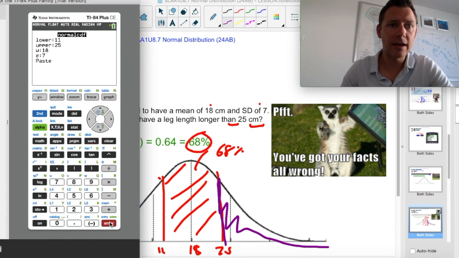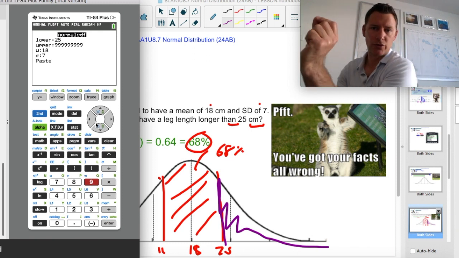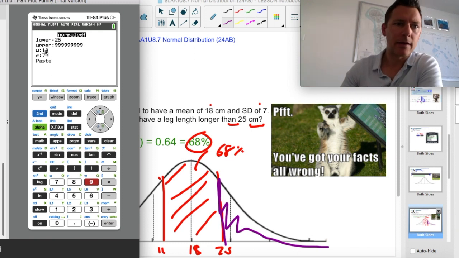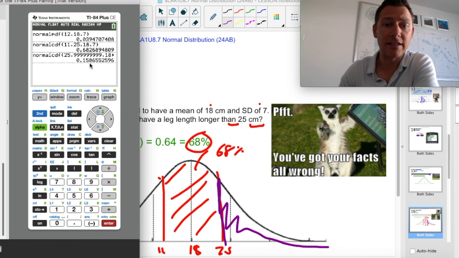You can go normalcdf, and the lower limit would be 25, and the upper limit would be a really big number. You don't even have to put anything specific in. Just put in a really big number. By the end, you're changing like the 10th decimal, so it's not a big deal. 18 and 7, don't worry about how many values specifically in there. And so like 15, 16% are above this.